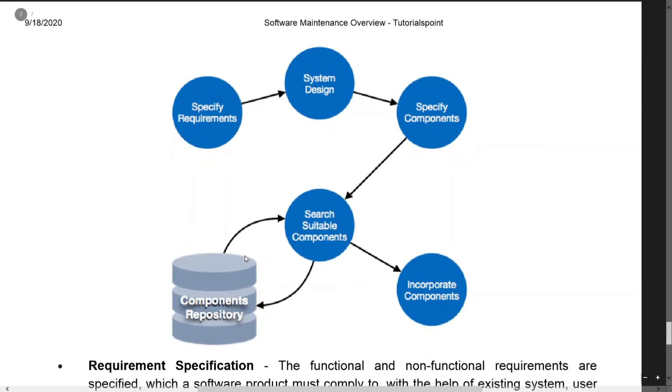So you can see that the given image describes the search for suitable components and how the component repository works. In the given image, we can see: specify requirements, system design, specify components, search suitable components, component repository, then incorporate components.